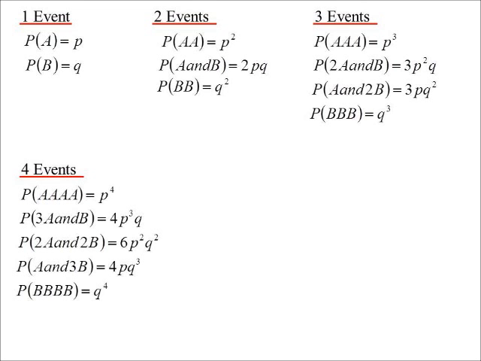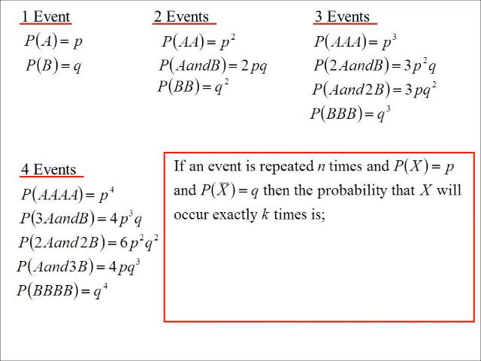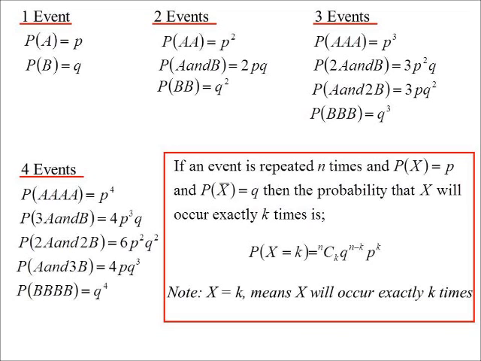Now, what that means is the general term in a binomial expansion is also the same as the probability of however many. So if I've got an event, I'm going to repeat it n times. I know the probability of X happening is P, and the probability of it not happening would be Q, which also would be the same as 1 minus P. Then the probability that X will occur exactly K times, but I don't care the order, will be, and there you see it, it is just the general term of a binomial.